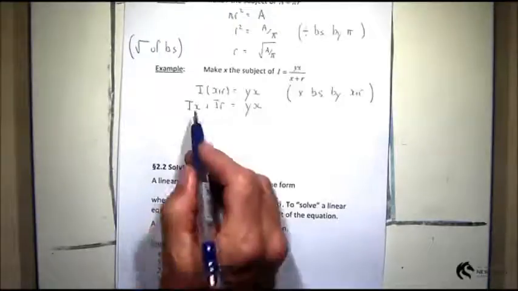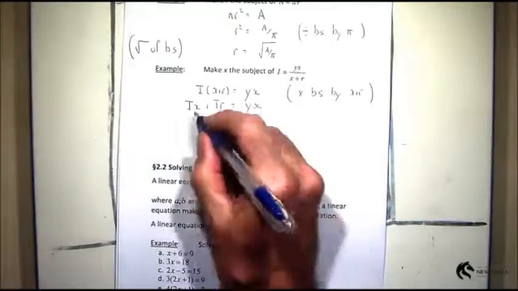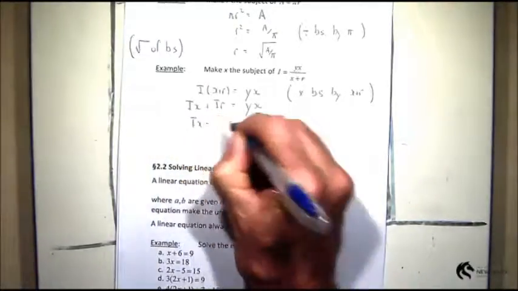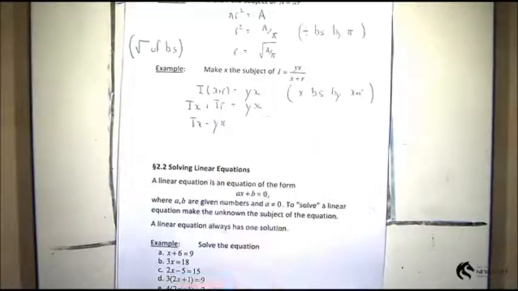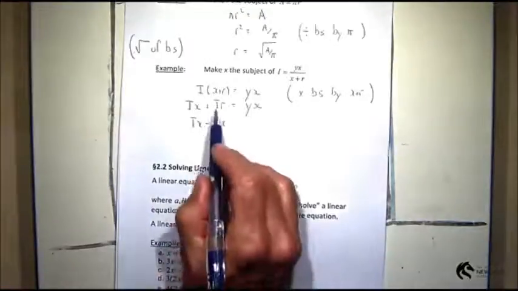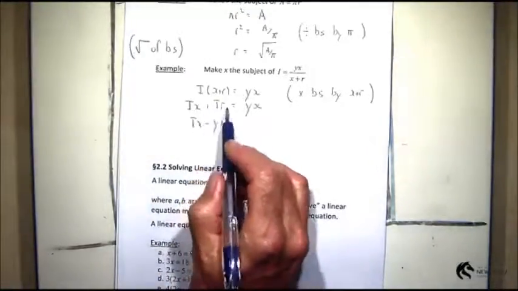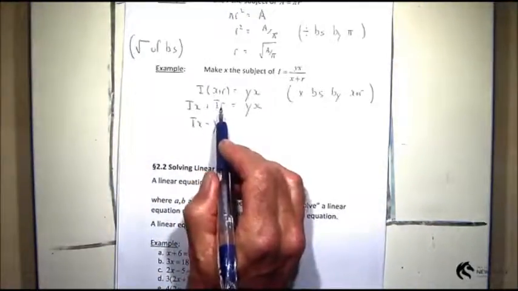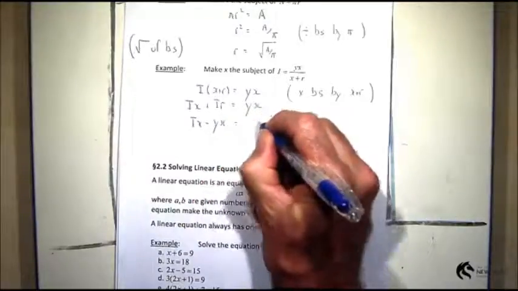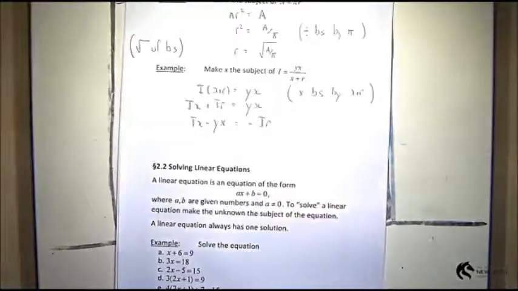Here's one term involving x and here's another. So I have ix minus yx, subtracting yx from both sides. And I don't want this term here, the ir, because it hasn't got an x in it. So I'm going to put it on the right-hand side. And I do that by subtracting i times r from both sides.